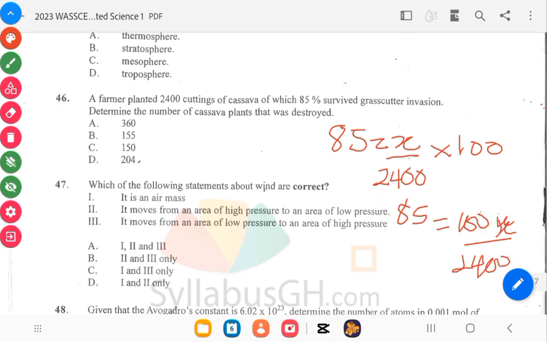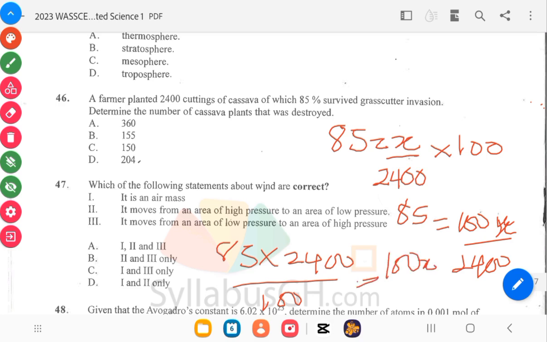So we'll end up having 85 times 2400 over 100. We'll do a multiplication and cancellation and everything, and we're going to end up with 2040, and that's what I think the D was going for, but it didn't appear well.